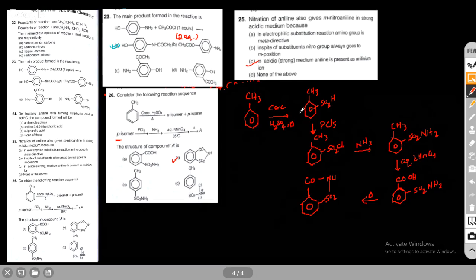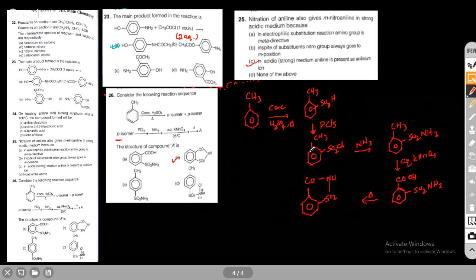Para isomer if we use, then we get here Cl, SO2Cl, and then SO2NH2, and COOH, SO2NH2.